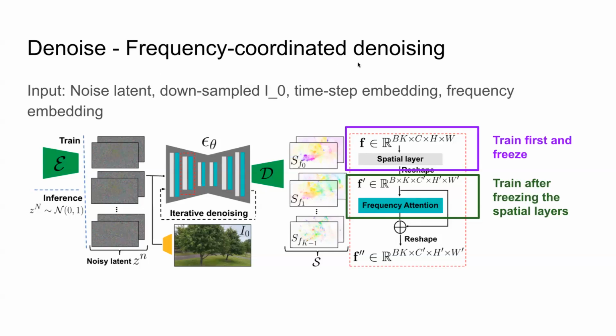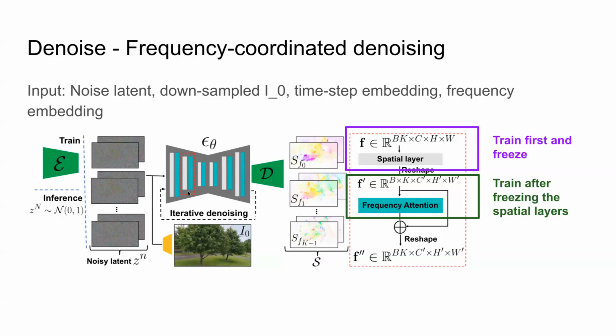So this is the general picture of what the denoising module looks like. For this big denoising module, the most important components are a spatial layer and a frequency attention layer.